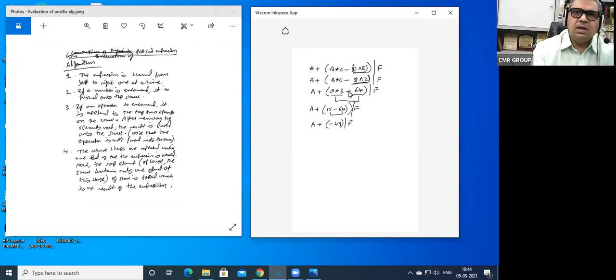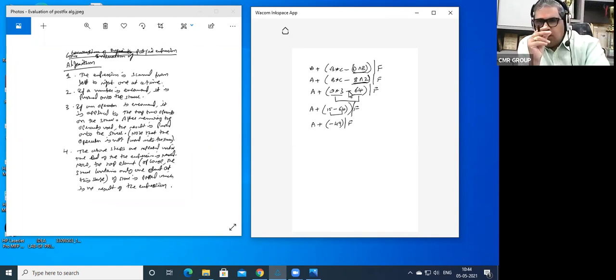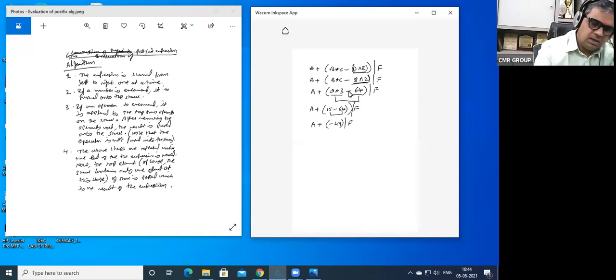Now what is going to be done? Minus 49 is evaluated because it is a unary minus. So it is minus 49 by f. What is the f value we have written? 4.